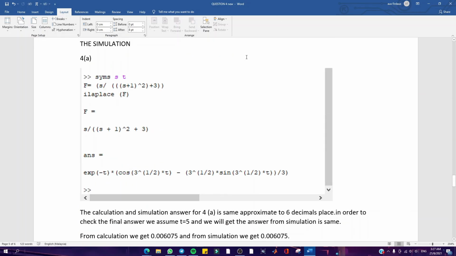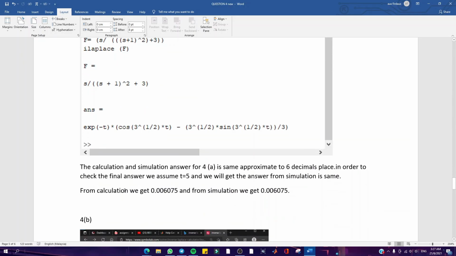Okay, from the simulation we get from MATLAB for question 4a, the calculation and the simulation answer for 4a are the same, approximate to 6 decimal places. In order to check the final answer, we assume t is 5 from the last answer, from the simulation and the calculation we get.